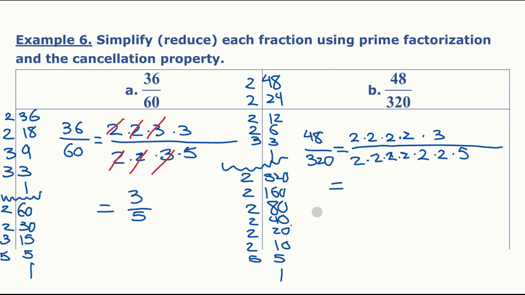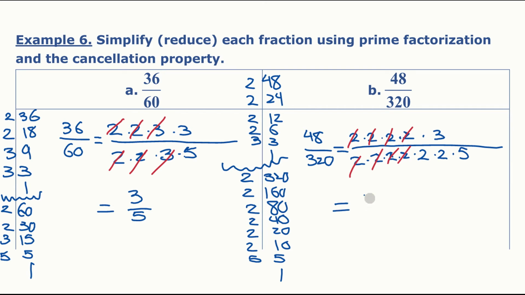All right, now again, we go ahead and use the cancellation property. Cancel, cancel, cancel. All right, and that's all we can cancel, right? There's nothing else that's going to cross cancel. So now we realize that this is going to end up giving us what we have been looking for.